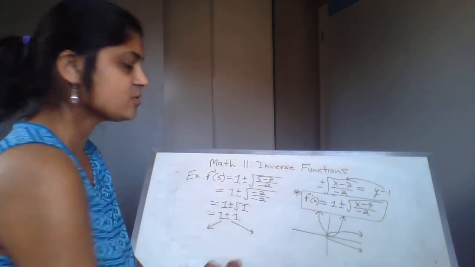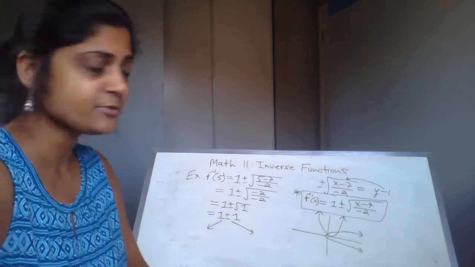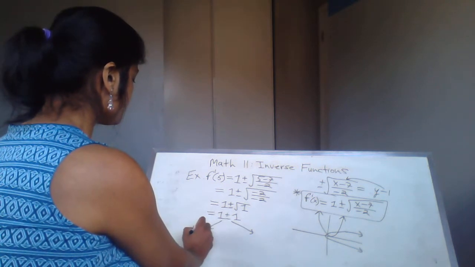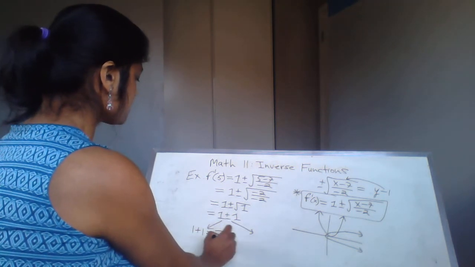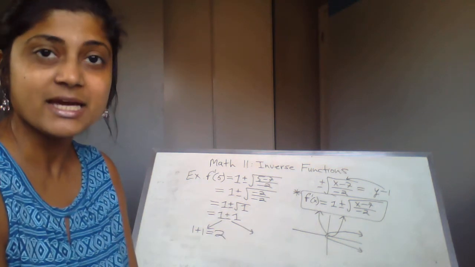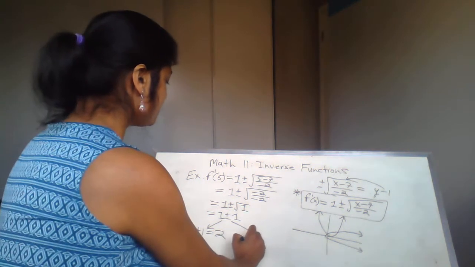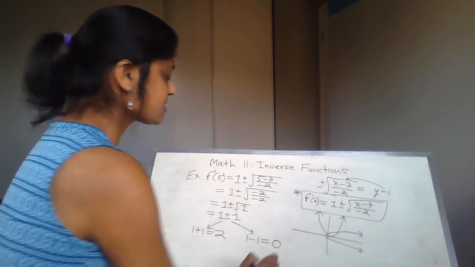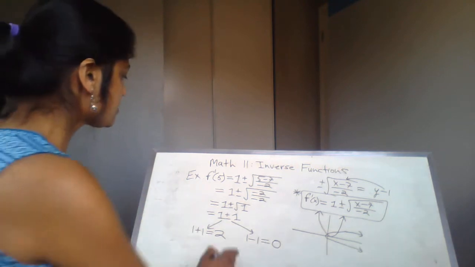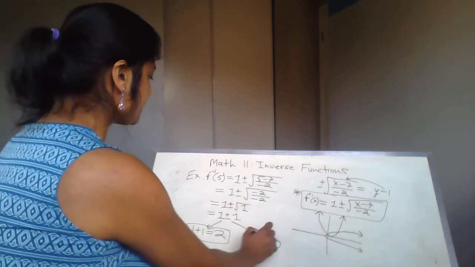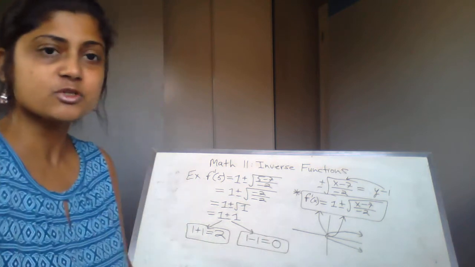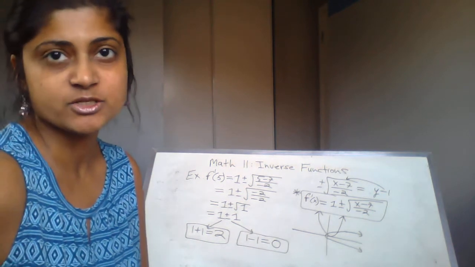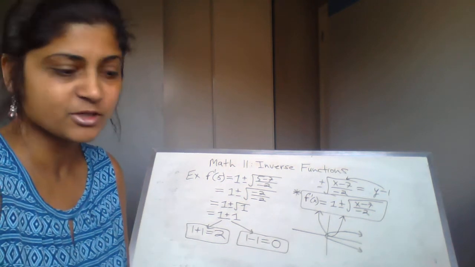However, again, I do notice that I have two answers here. So the first one, I'm going to do 1 plus 1, which is equal to 2. And the second answer is going to be 1 minus 1, which is equal to 0. So these are actually my two answers. And again, if you do just put one answer, the teacher can take marks off for that.